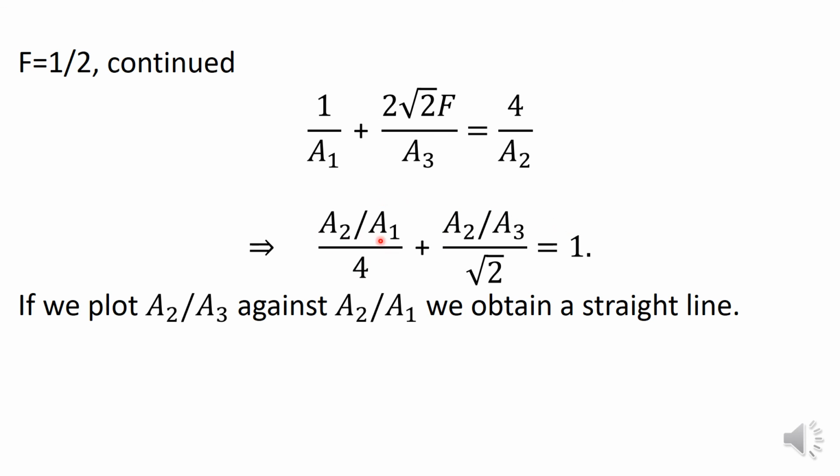Notice if you think of this as a variable and this as a variable, if you plot this variable against this variable, you obtain a straight line. Okay, the intercepts of course will be 4 on this axis and square root of 2 on the other axis. So let's look at that.